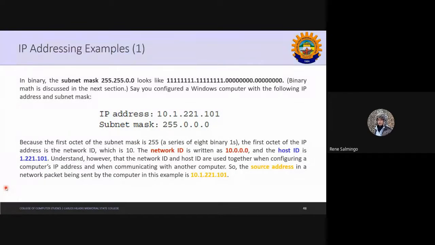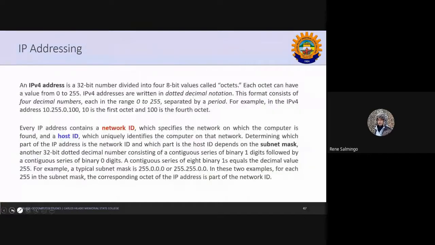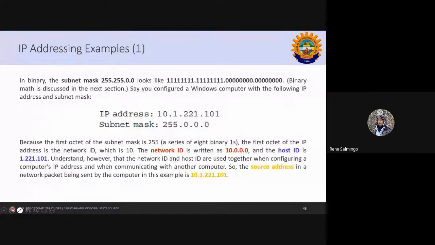Now, in this example, you have a typical subnet mask of 255.255.0.0, and the corresponding octet of the IP address is part of the network ID.